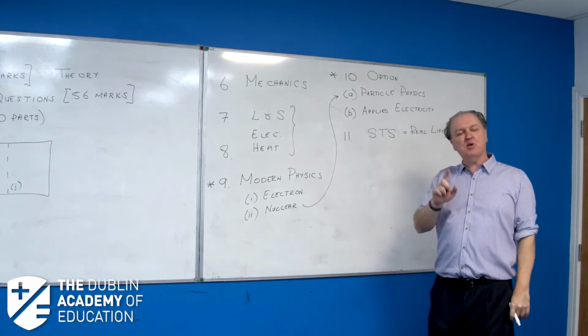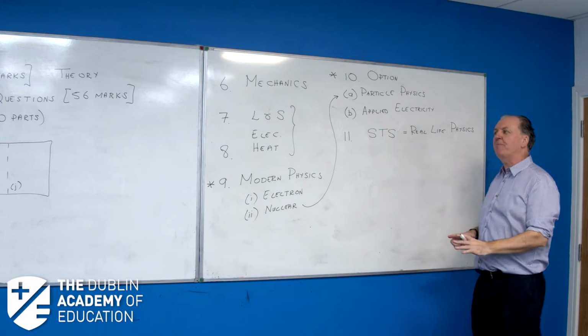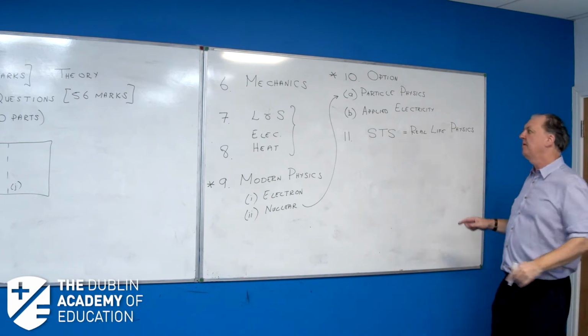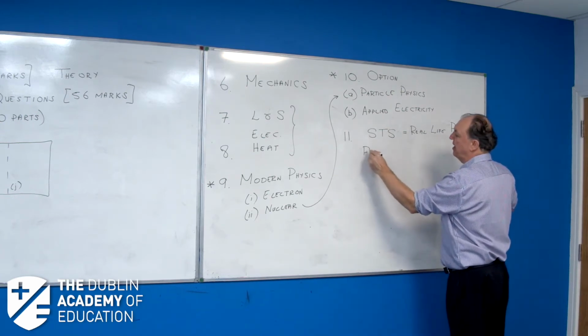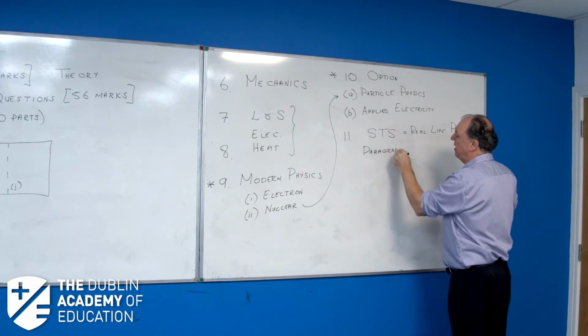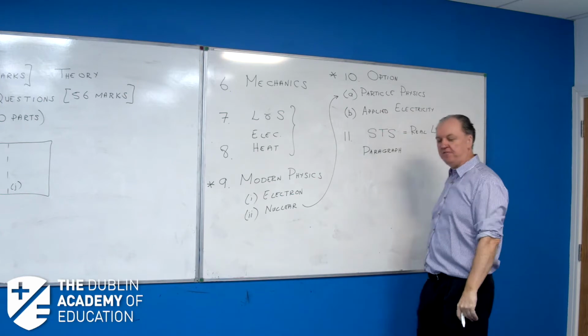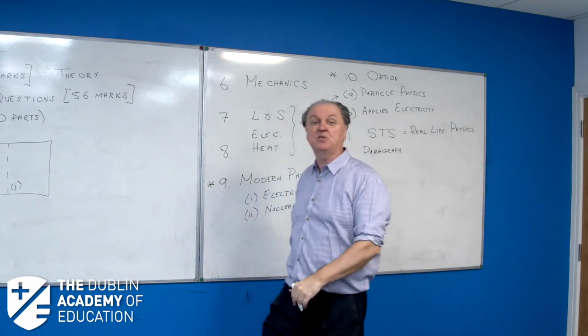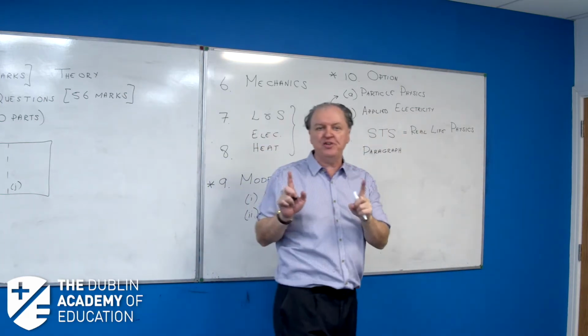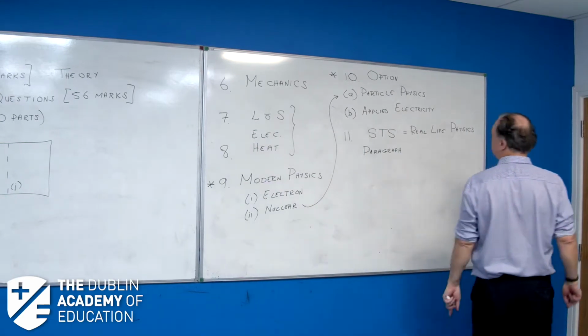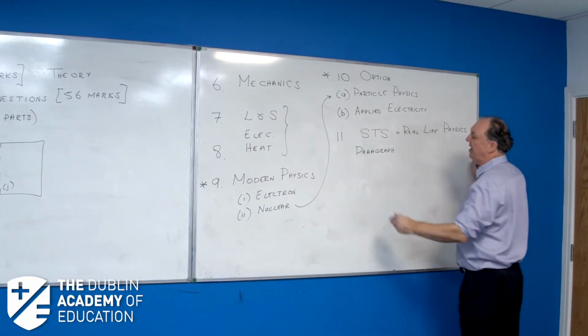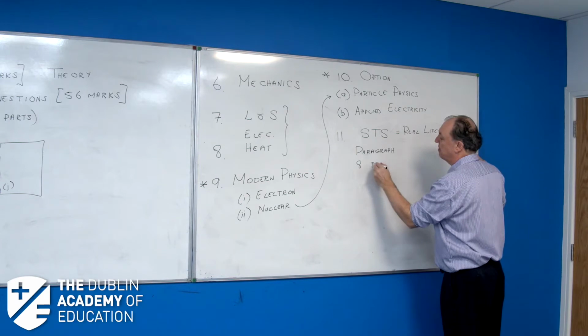Now, it can be a nice question to do. First of all, it could be about any part of the course, but they start off by giving you a nice paragraph. Read the paragraph very carefully, because I would say 2 or 3 answers could be contained in that paragraph. And then they will ask you 8 parts altogether.